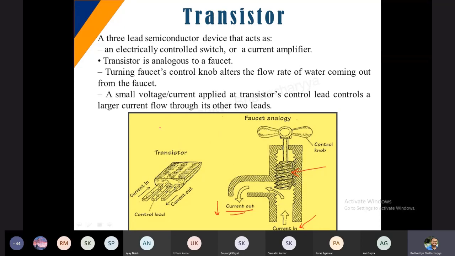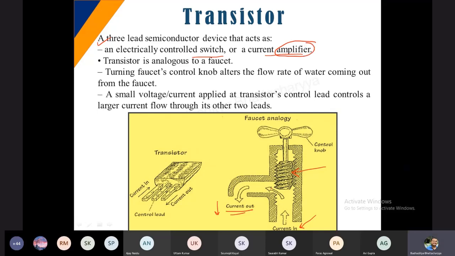It is a three-lead semiconductor device that acts as an electronic switch and also an amplifier. In fact, there are many other operations also, but the two most important applications of a transistor are, one, as a switch, which I'll come to in the next slide, and the next one is current amplification. In fact, this is the most important and interesting one.